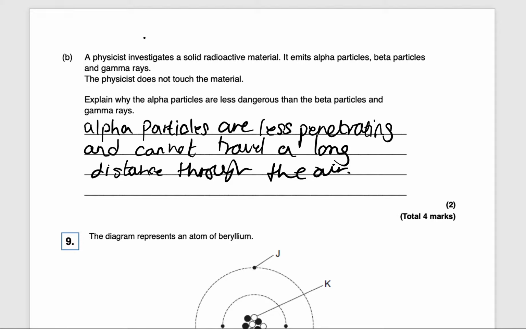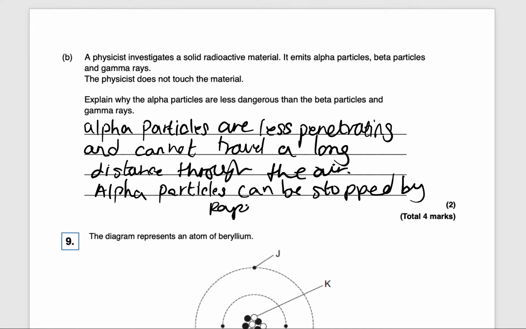And the alpha particle can be stopped by paper. So alpha particles can be stopped by paper. Okay, and that will get you 2 marks.